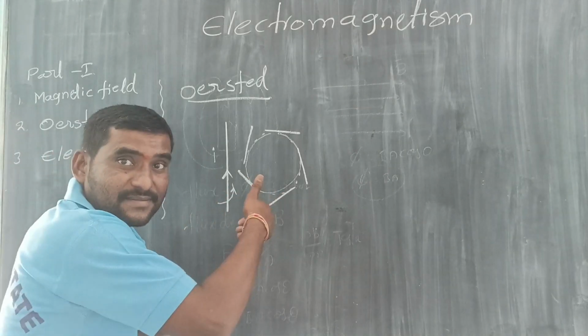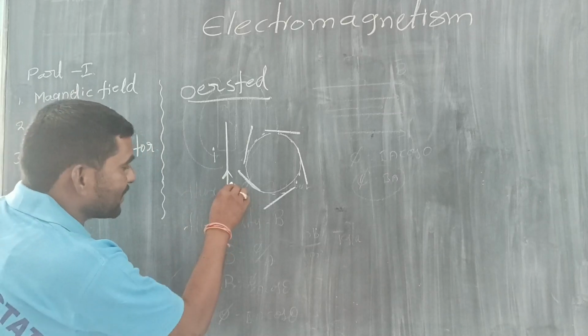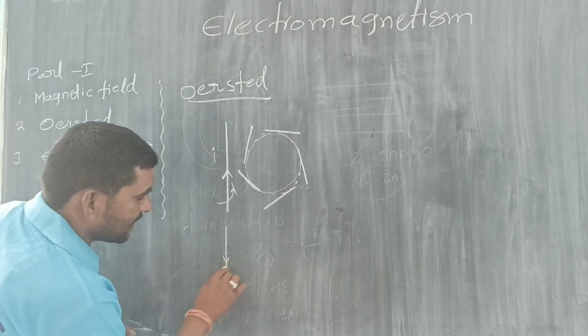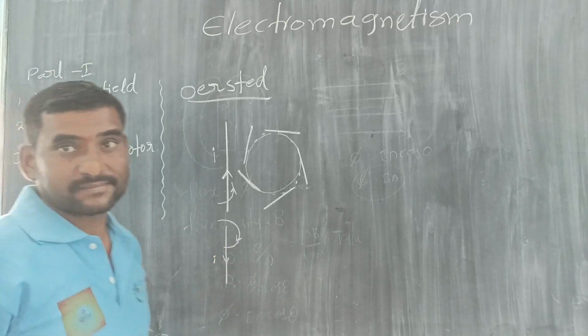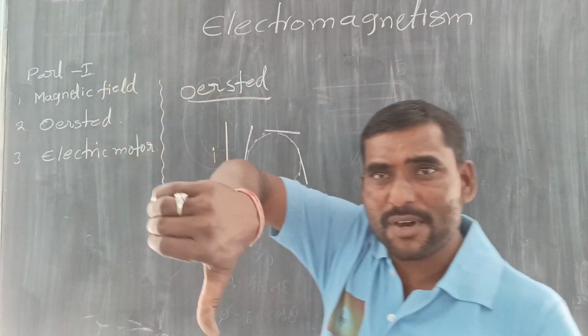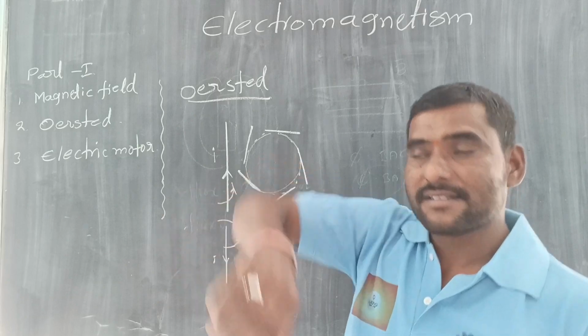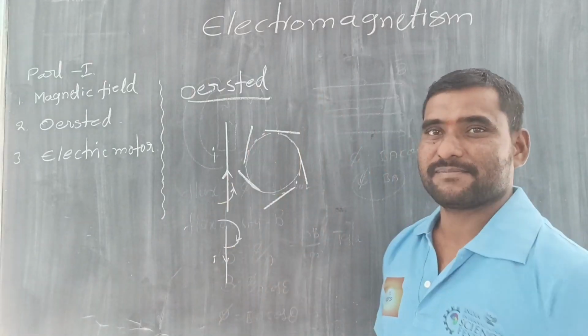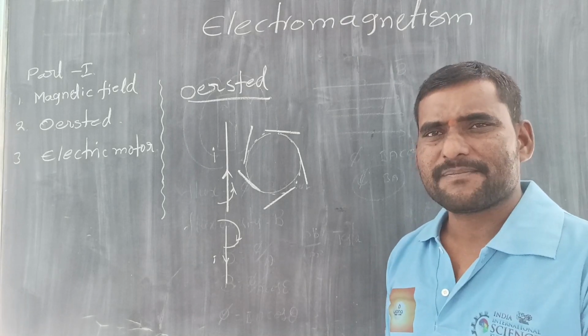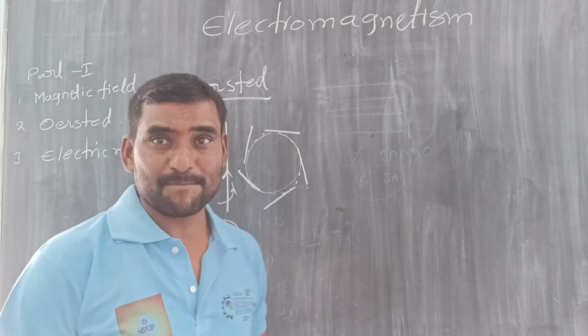When current is coming down, the magnetic field lines are clockwise. This direction is given by Ampere. Vice versa also.